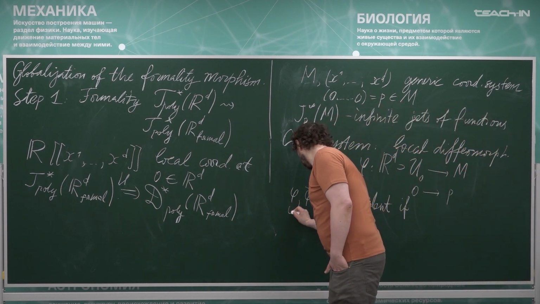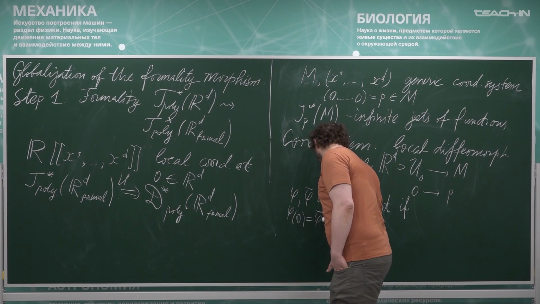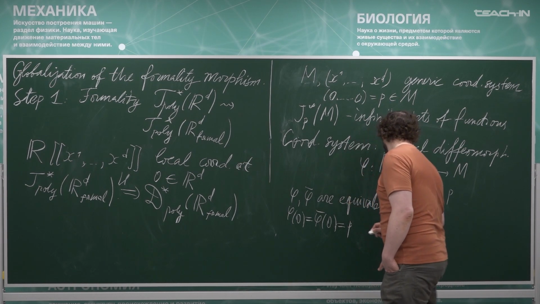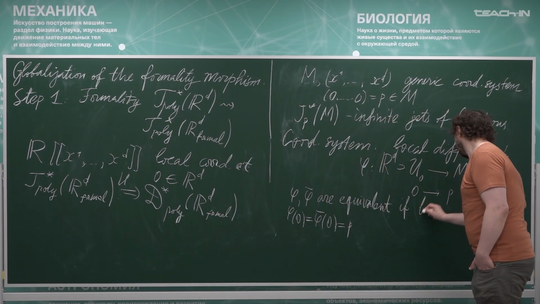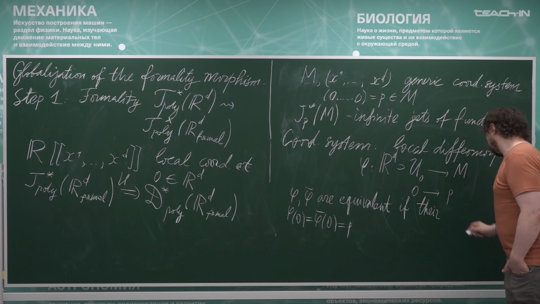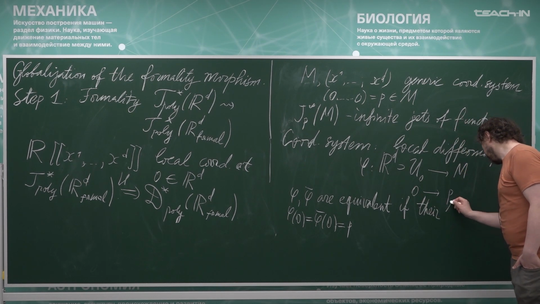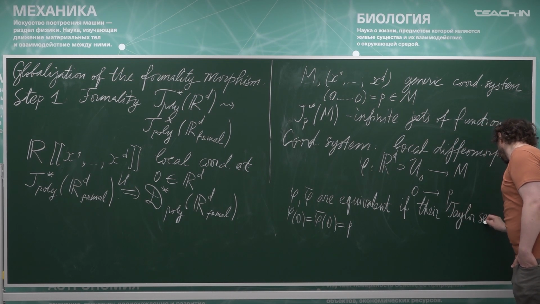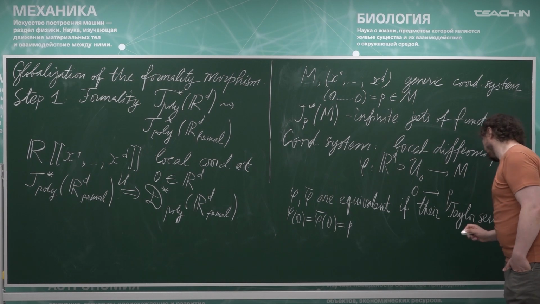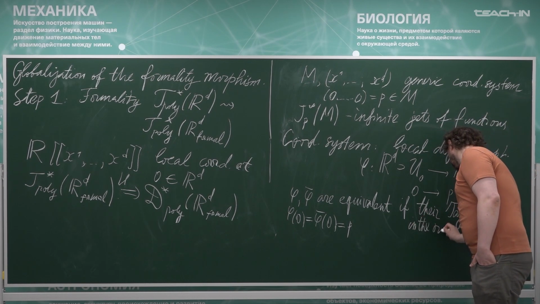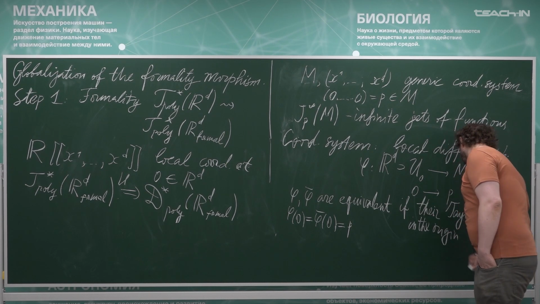I mean, phi of 0 should of course be equal to phi bar of 0, which is equal to P, and their Taylor series at the origin coincide.